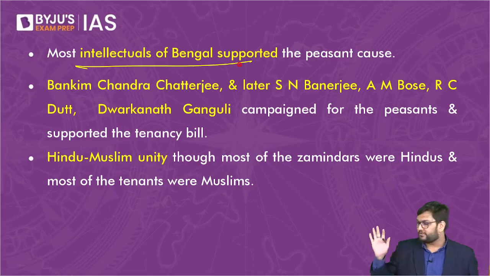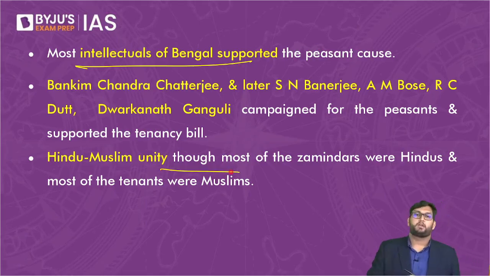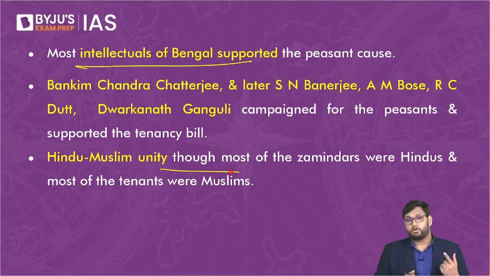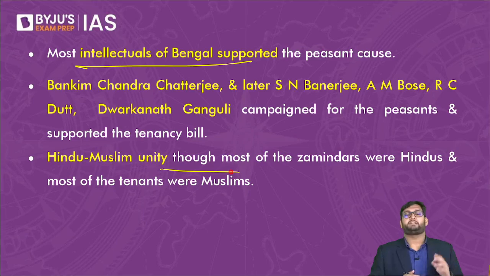One of the more interesting features about this whole concept was that there was Hindu-Muslim unity, though zamindars were Hindu and tenants were Muslim. However, the violence was never religious, it was actually based on what we call a class-based clash and not a religious clash. Carrot and stick, I will discuss later, not right now. For that, you need to understand Montagu, Chelmsford, and Rowlatt Act and all.